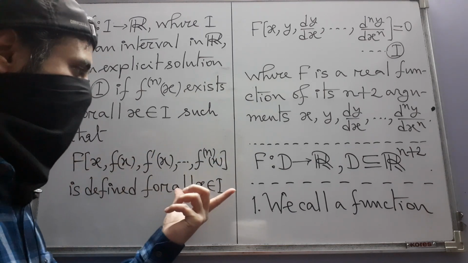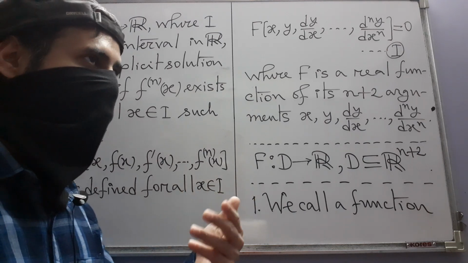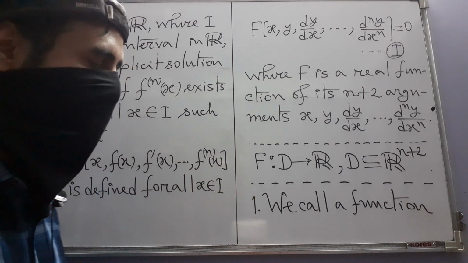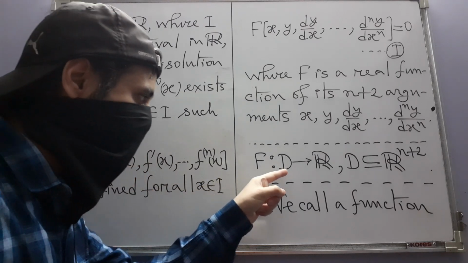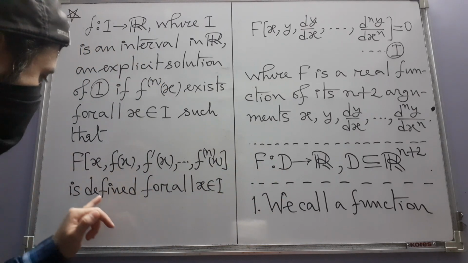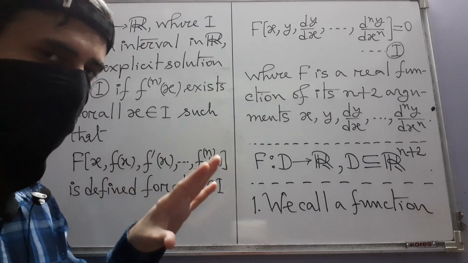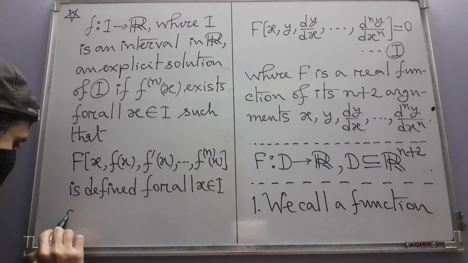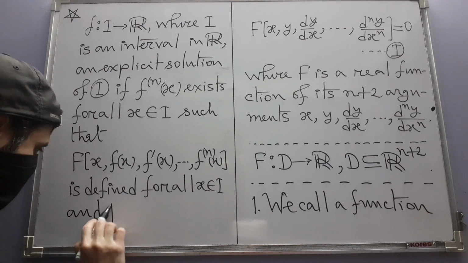These n plus 2 real numbers give you a vector with n plus 2 real components. That vector should belong to the domain of the function f. That's what we mean when we say this is defined, that this makes sense, it has a well defined meaning, and it is equal to 0.